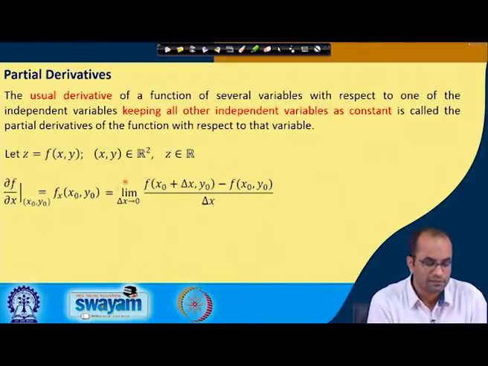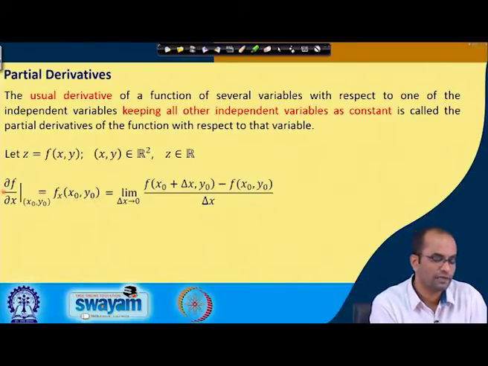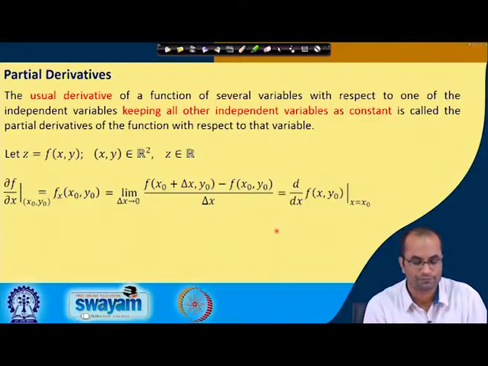If this limit exists, then we call it the partial derivative with respect to x at the point (x0, y0), and it is denoted by f_x at (x0, y0) or del f over del x at (x0, y0).